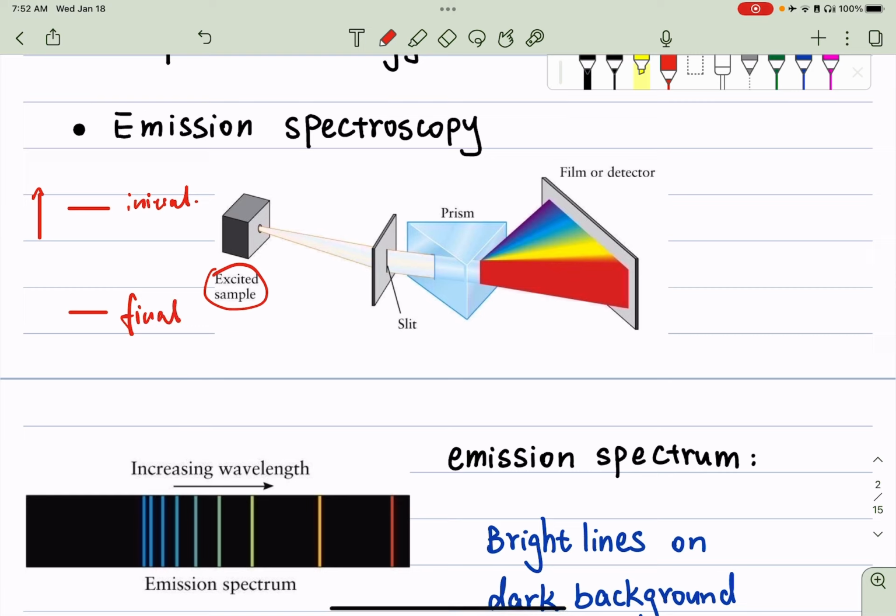So in emission spectroscopy, the energy goes down from the initial state to the final state. In the process, this delta E is released as light. The light goes through a single slit and a prism, and we get a spectrum on our detector.